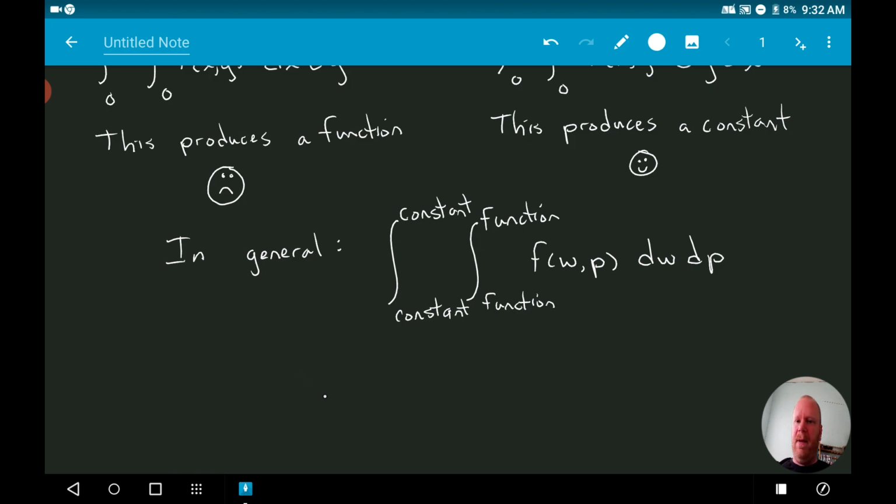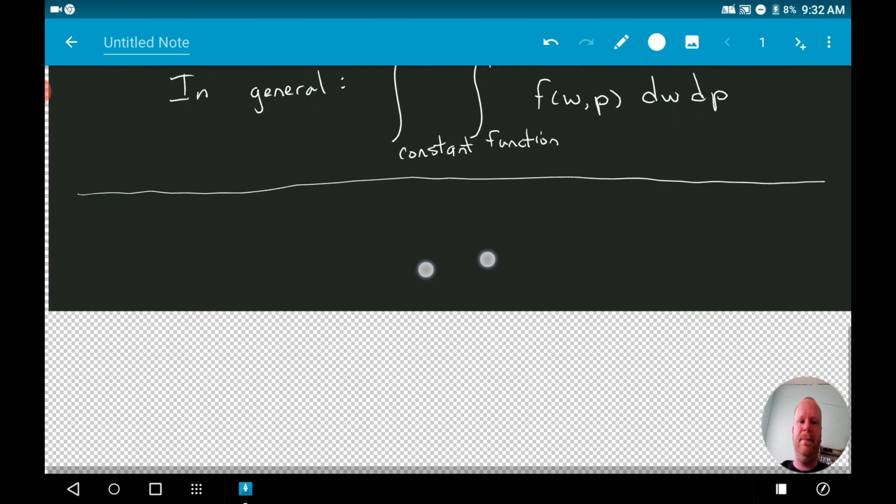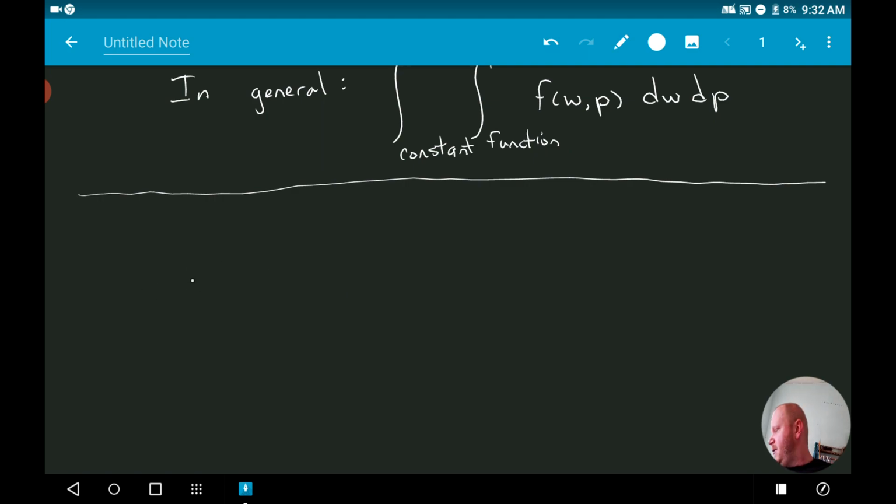Okay. So I want to look at an example, something that you might see in the book. So let's say that you're given this f of x and y is equal to x to the third times e to the y to the third.